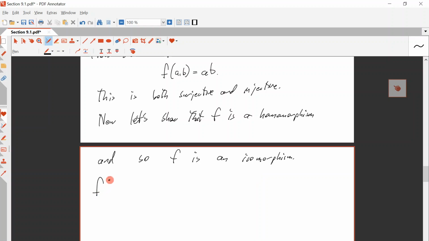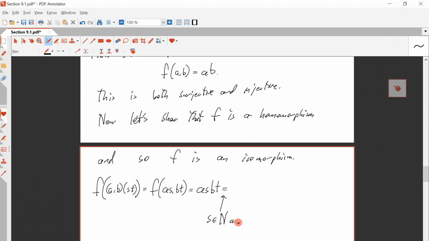Okay, so let's look at F of AB times ST. All right, so this is equal to F of ASBT, which is equal to ASBT, right? Where S is in N. I did N first.